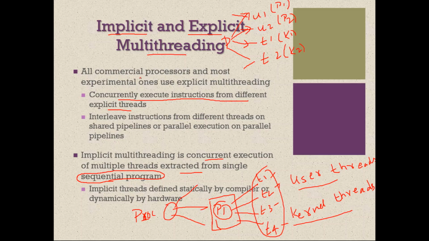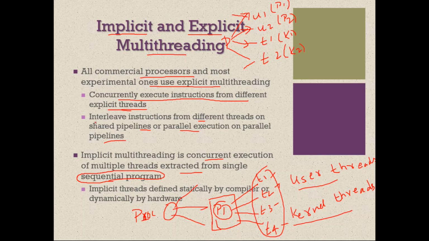All commercial processors and most experimental ones use explicit multi-threading. It allows concurrent execution of instructions from different explicit threads, by interleaving instructions from different threads on shared pipelines or by parallel execution on parallel pipelines. So how is it done?